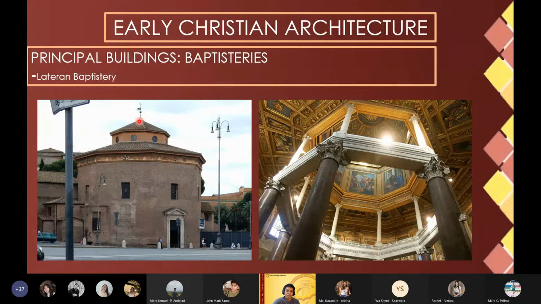It is very simple on the exterior. But if you compare the interior, there are a lot of ornaments, a lot of paintings, a lot of murals. The way they provide these columns is very intricate. So their interior is rich.